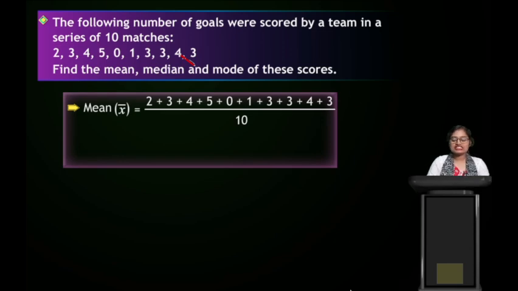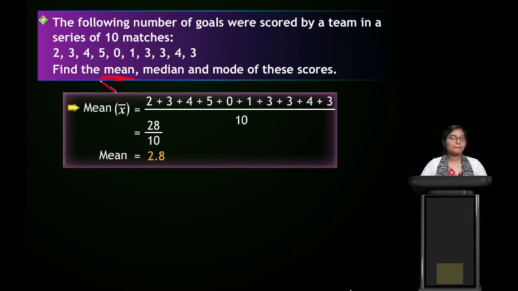So students, what is the sum of these numbers then? Yes, you people are correct. That is 28. When we divide 28 by 10, we get 2.8. So here the mean score scored by the team is 2.8. So here we have found the first answer to the question, that is the mean.